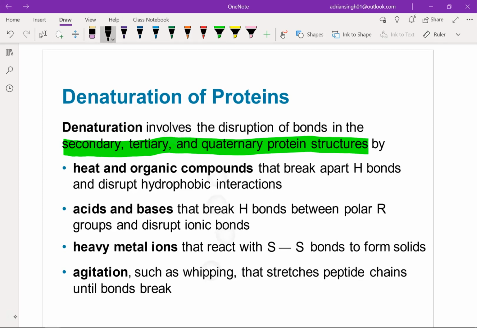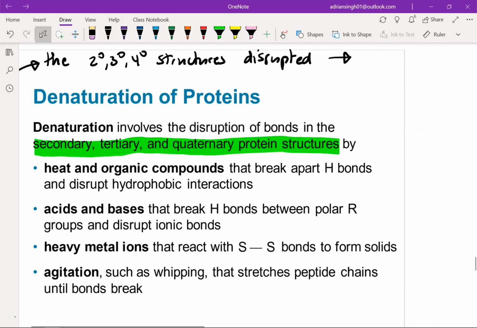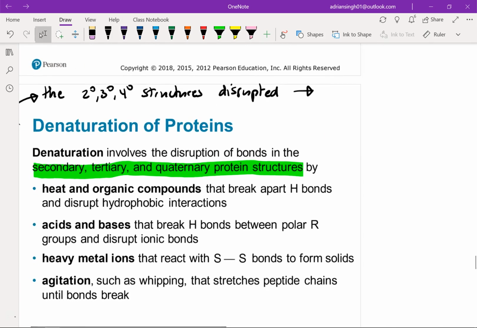So when you denature a protein, the secondary, tertiary, quaternary structures are disrupted. And if the structure goes away, or the structure is not what it's supposed to be, that means the function of that protein is disrupted as well.